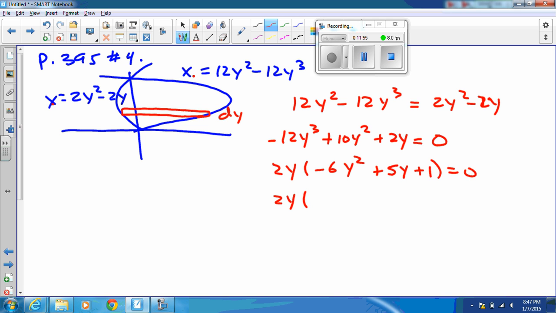It's kind of an odd factorization, but I think it's pretty clear that we're going to need plus 1 plus 1, and I think it's also fairly clear that we're going to want to have 6y here and negative y right here.